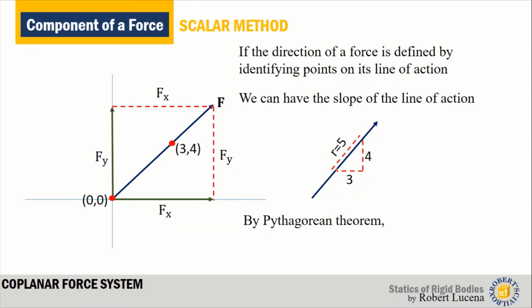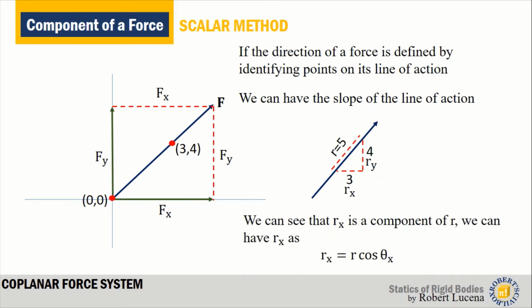The hypotenuse of a right triangle with legs 3 and 4 would be 5 by the Pythagorean theorem. So Rx is 3, Ry is 4, and R is 5.